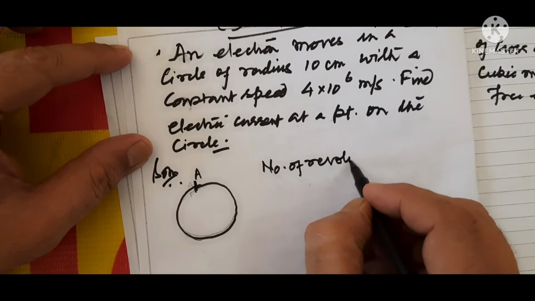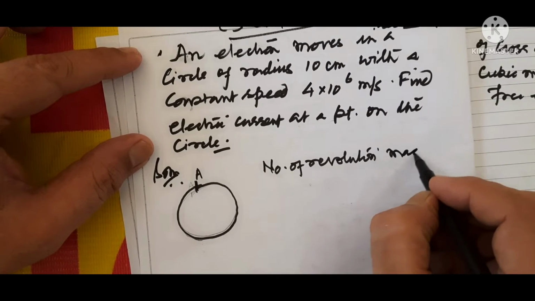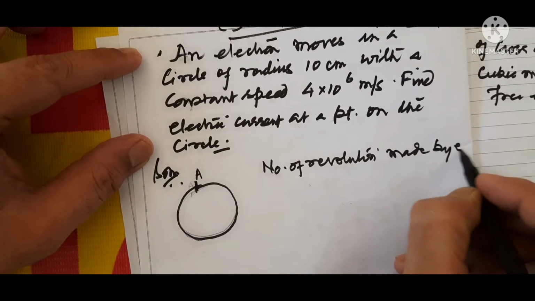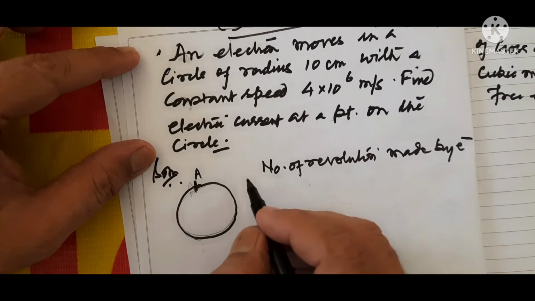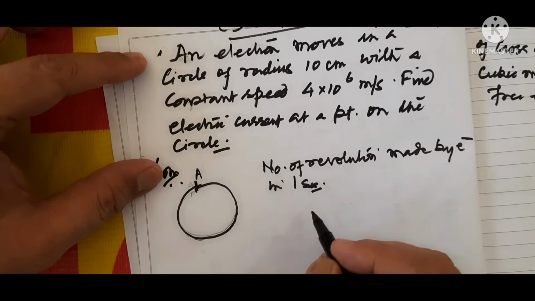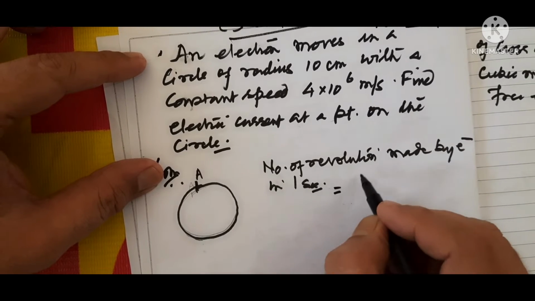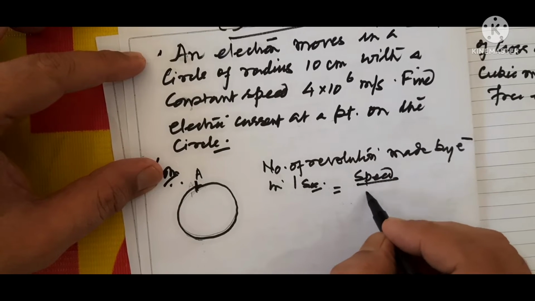the number of revolutions made by the electron in 1 second is equal to, we know, speed by distance.